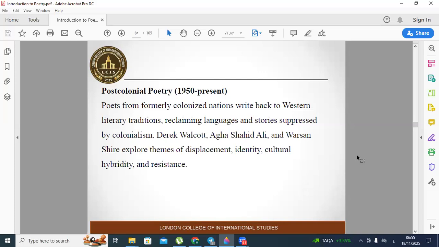These poets navigate multiple cultural identities, question whose stories get told, and challenge Western literary dominance while creating powerful hybrid forms that blend traditions.